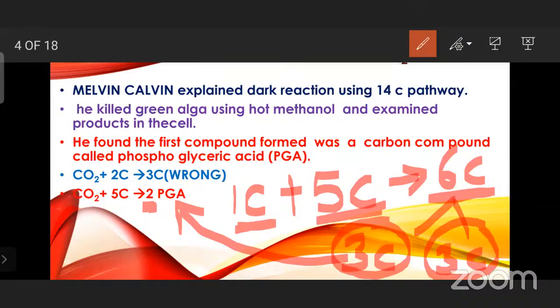So I think for you also it is clear that the acceptor of this carbon dioxide, 1 carbon, is none other than a 5 carbon compound, and then it is unstable, splitting into 2 molecules of phosphoglyceric acid.